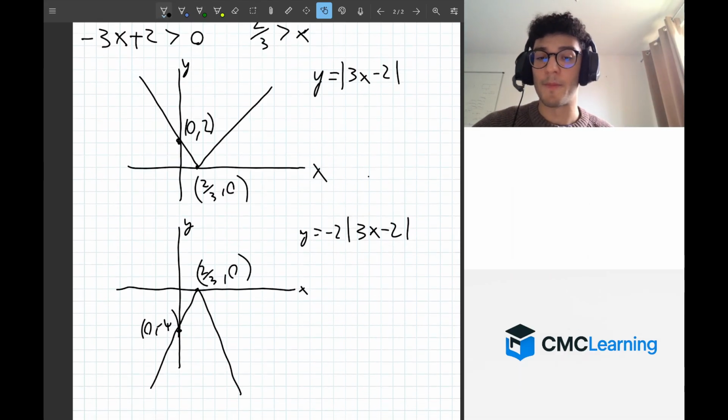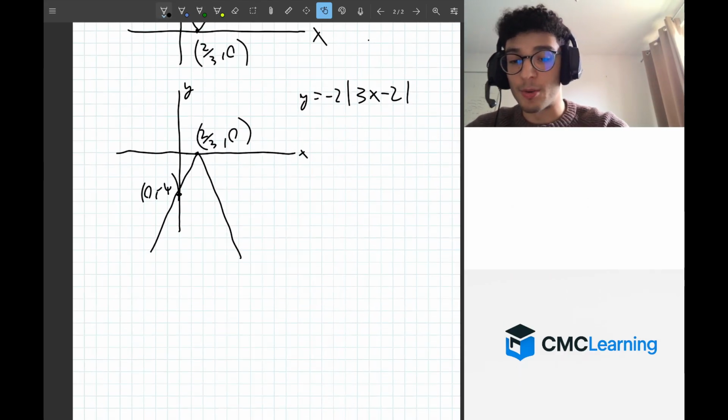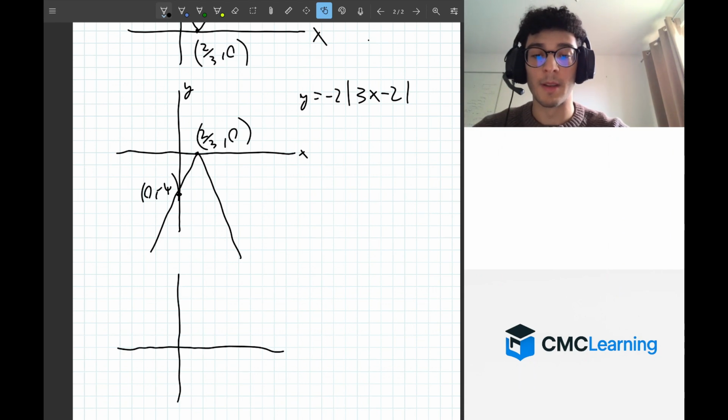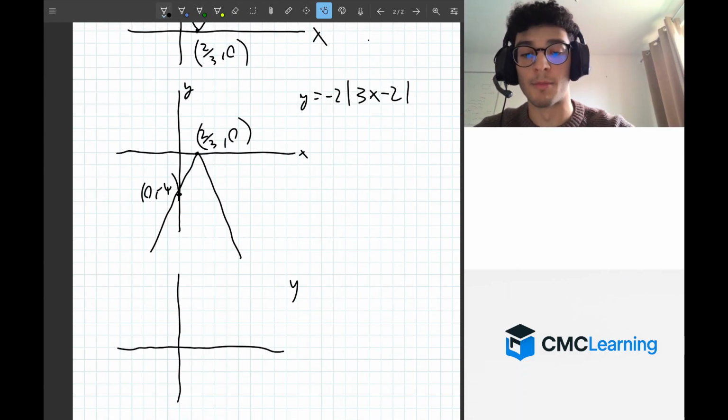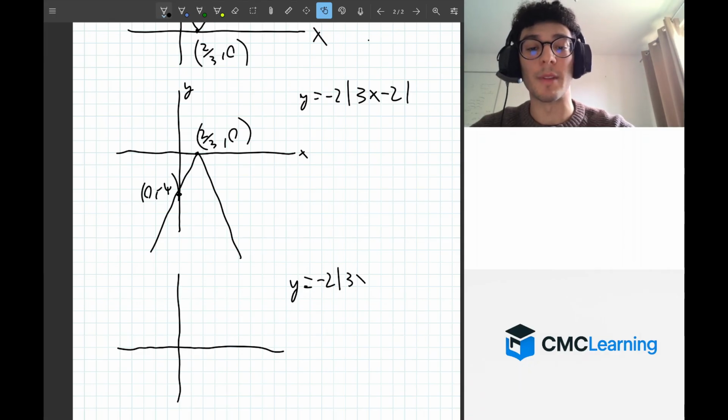Okay, good. And the last thing we should do is consider that final translation. So in this case, we need to add 3 to the end of our function. It's always good to do this as a last step. It just makes it a lot clearer, in my opinion.